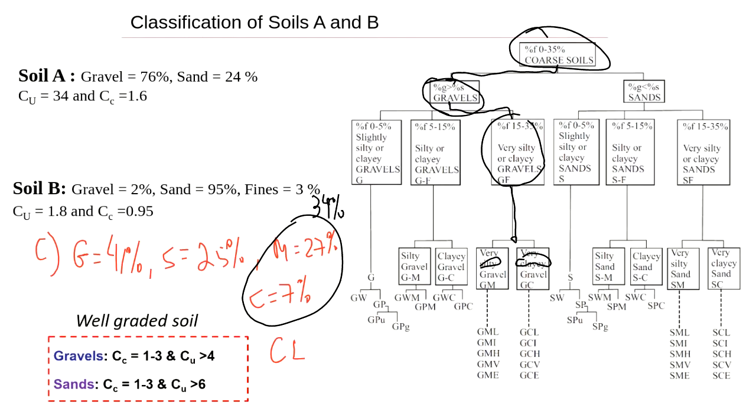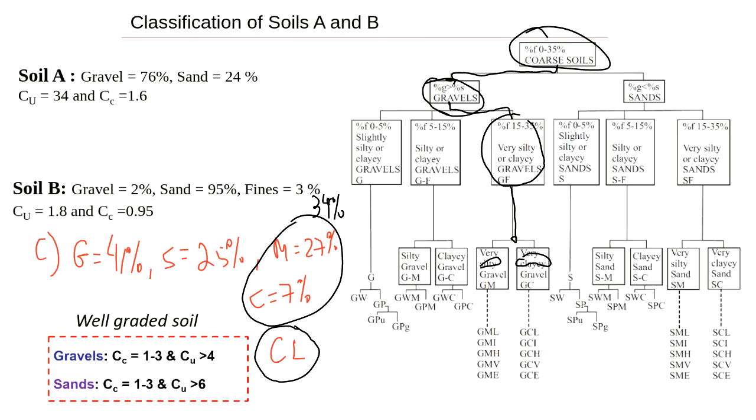So this is incorrect. We classify soil as silt or clay based on its plasticity, not based on how much silt or clay we have in it. We already knew that it's clay, because when we look at the plasticity chart, that point was above the A line.